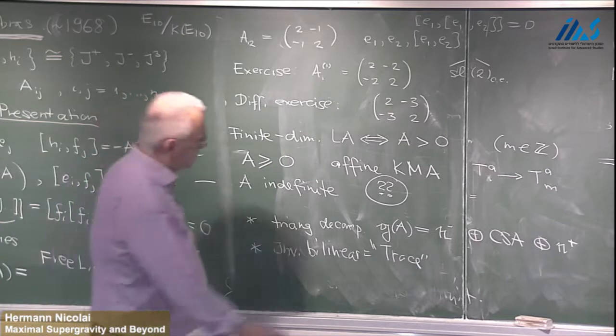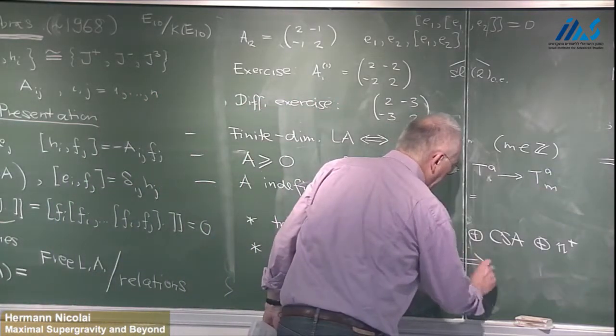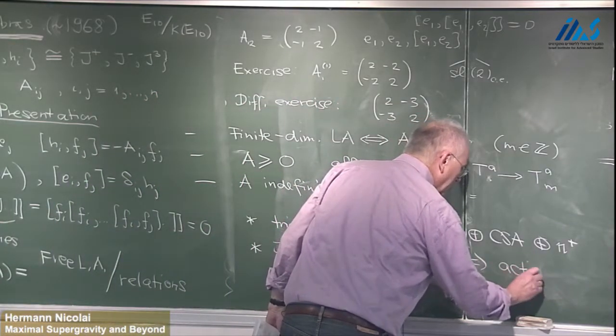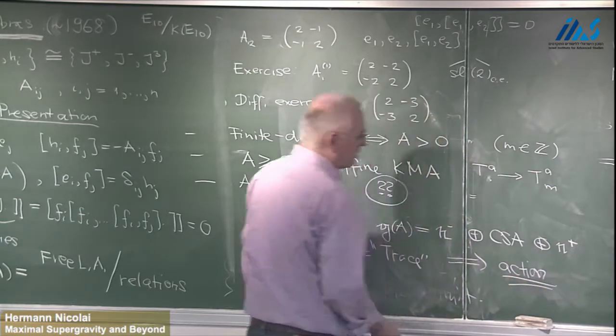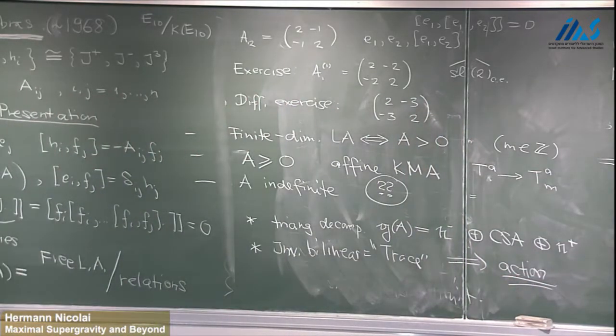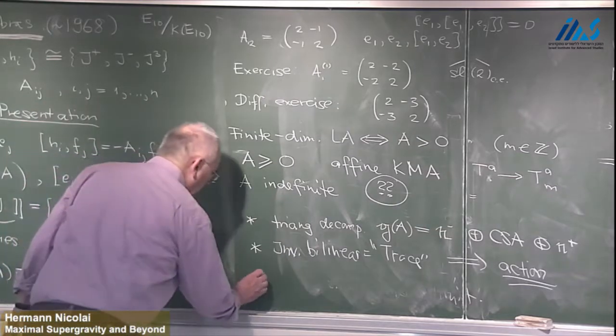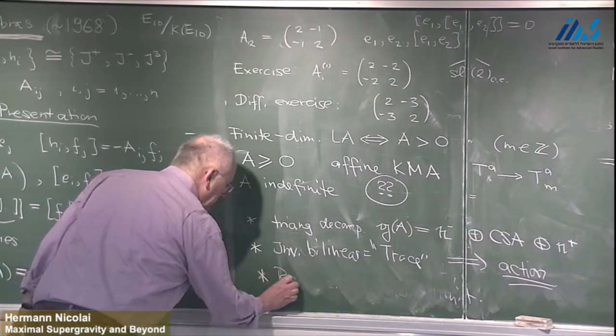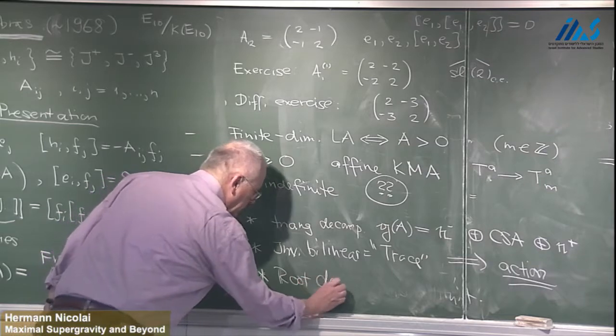And this is important if you want to formulate an action, because when we write down sigma model actions, we need some kind of invariant trace form. And finally, the algebra admits a root space decomposition.